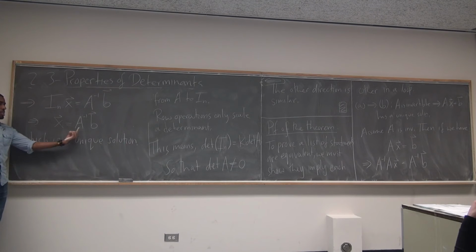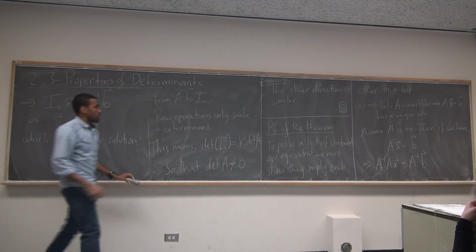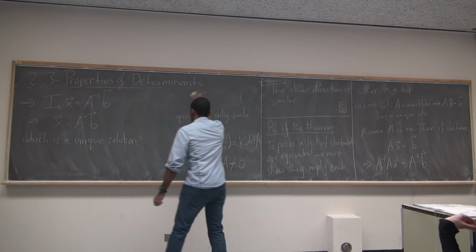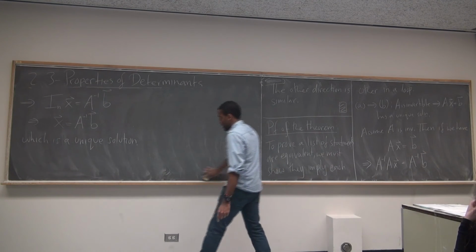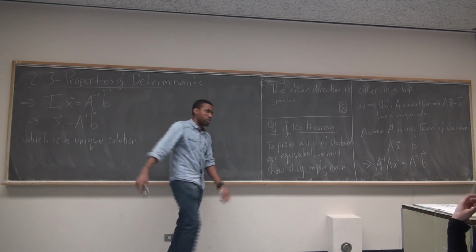So X will literally be the product of these two matrices. There's only one of them, because both of these matrices are filled with constants. So I will literally only have one solution if an inverse exists. If the coefficient matrix is invertible, a system with that coefficient matrix will have one solution, which is an answer to the bonus problem in your quiz.